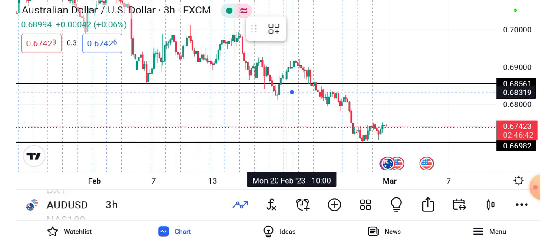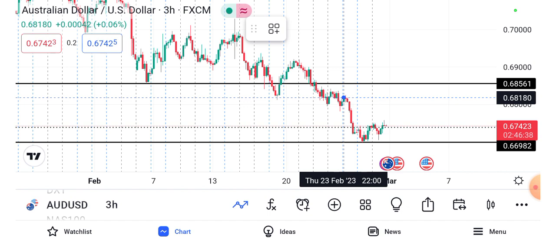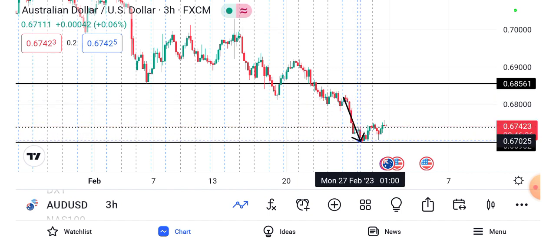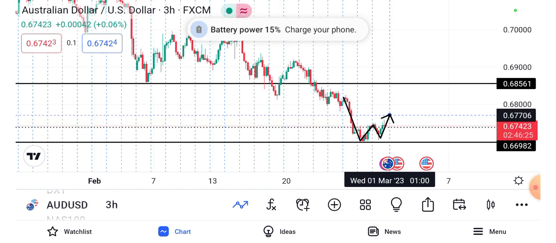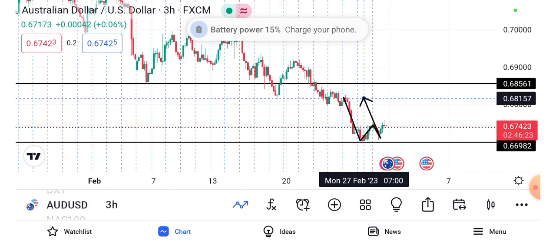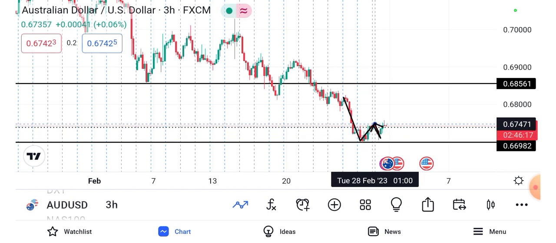It has formed a double bottom. Other people call it a W. We all know that there are so many names within these, guys, so you must just know which one is which, right? So we can see from here, this was the lower low, right? And then it went all the way up to this level, and then it came and created a what?